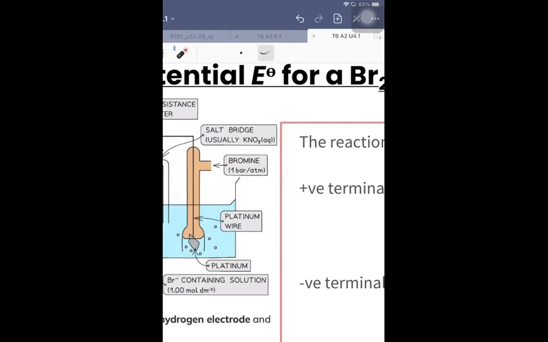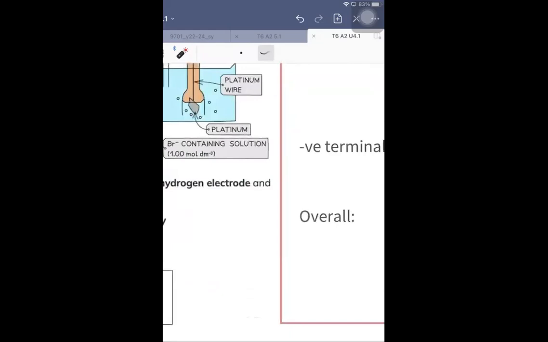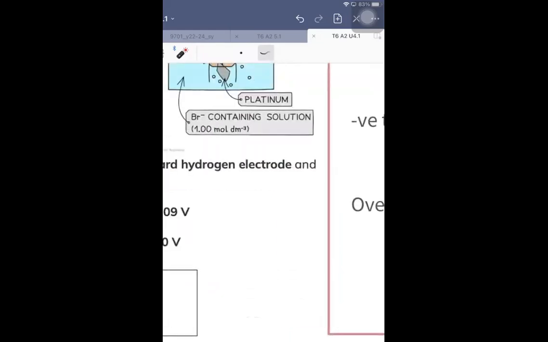Okay. Right, same thing, same procedure. You write down the half equation for both systems, and then look at their E naught values, right? Which one is more positive becomes the positive terminal, and is this also the one that gets reduced, right?